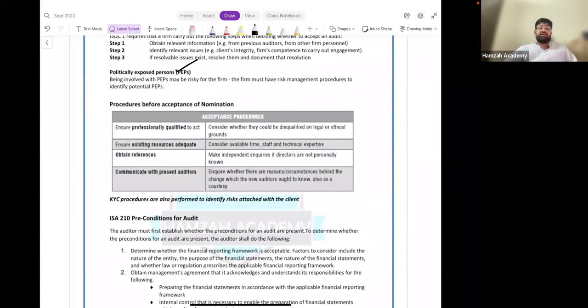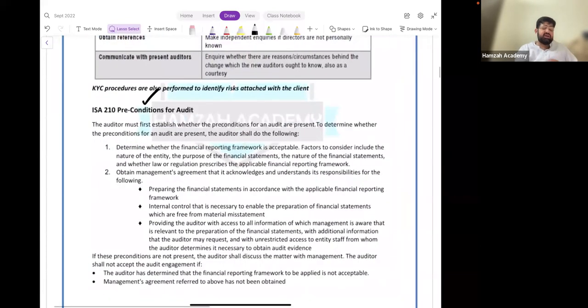Now, once we are satisfied, we say, okay, now two preconditions we need to verify. Listen, I am satisfied by all your processes. Now there are some prerequisites which should be present before I move to audit your company.